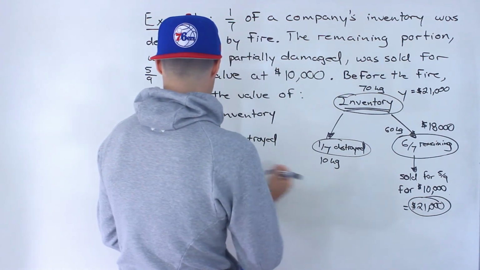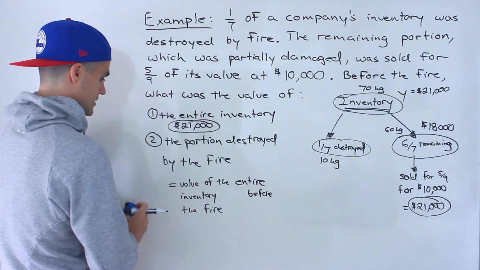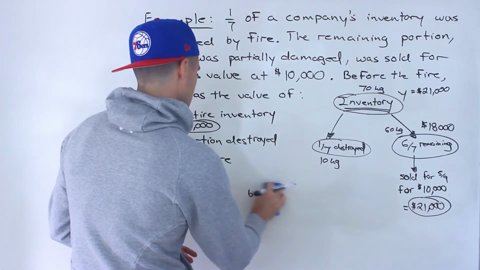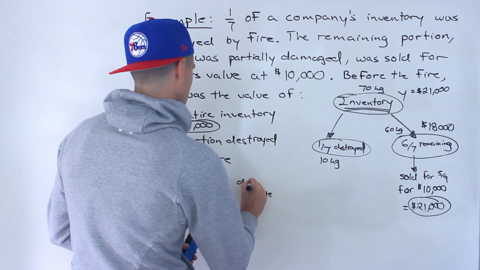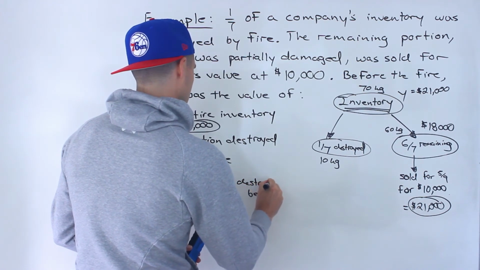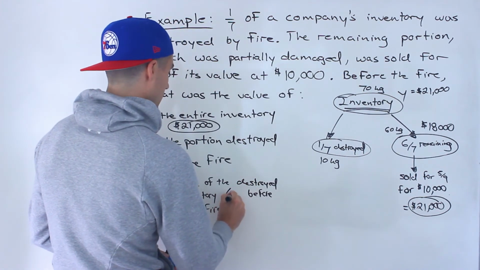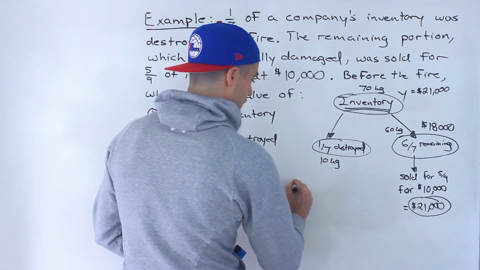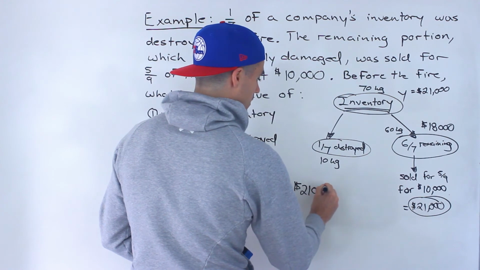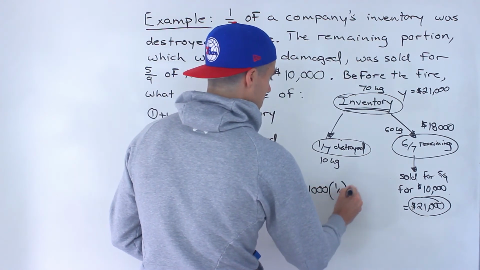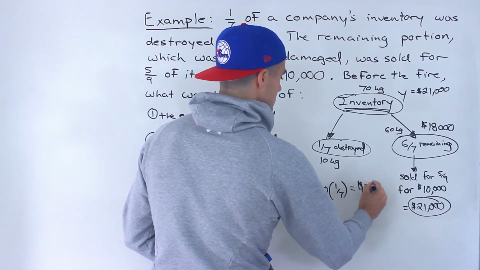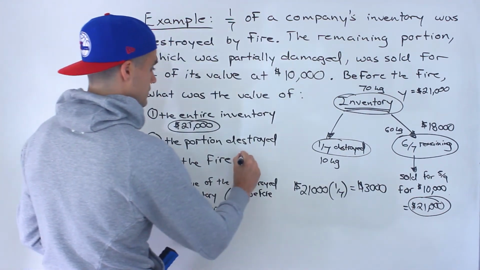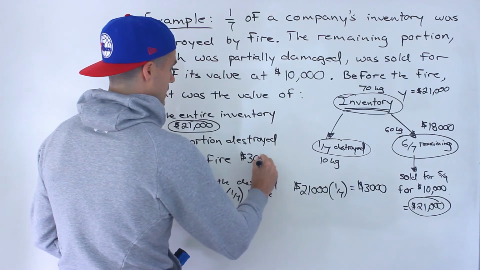Let's say z is equal to the value of the destroyed inventory before the fire, the 1/7 portion. We take the value of the entire inventory before the fire, multiply it by 1/7, and that gives us $3,000. So the answer to number 2 is 3,000.